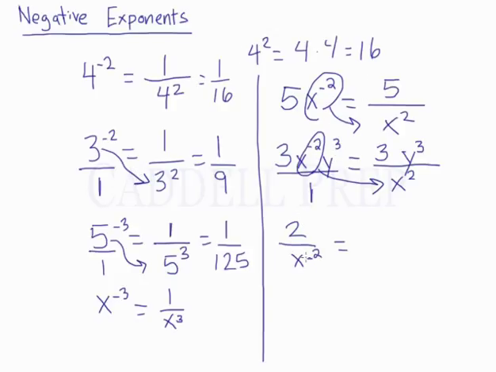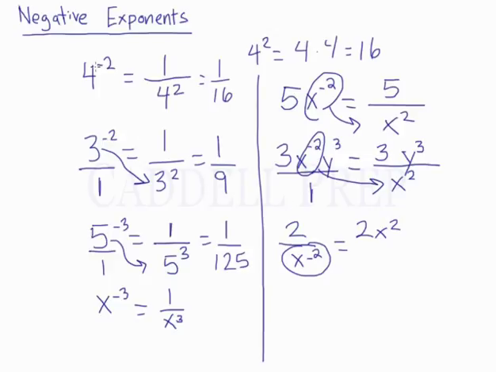In this case, we have a negative 2 in the denominator. So what we're going to do is take it from the denominator and move it to the numerator. We're going to do the opposite. So the 2 stays on top. This x to the negative 2 is going to move out of the denominator and move up here, x squared.